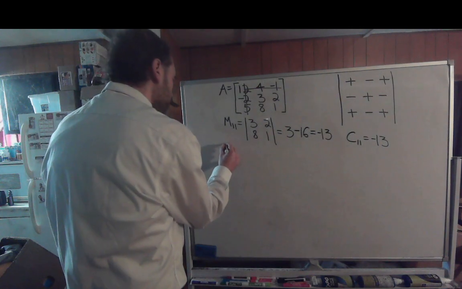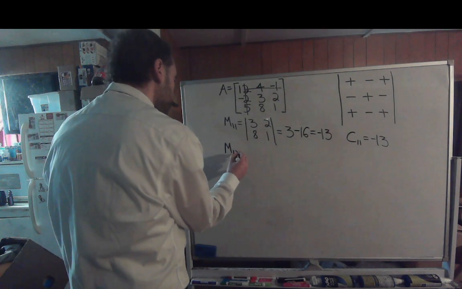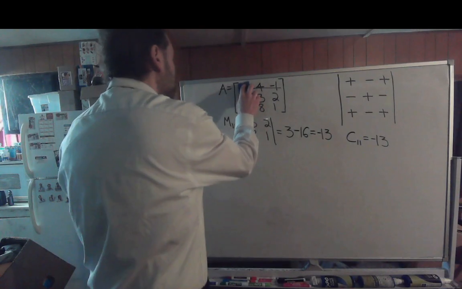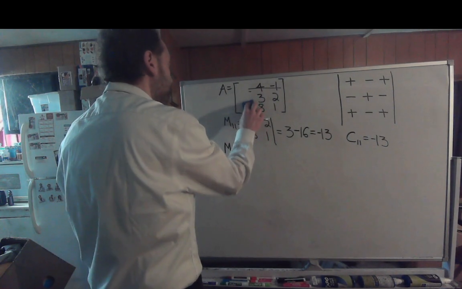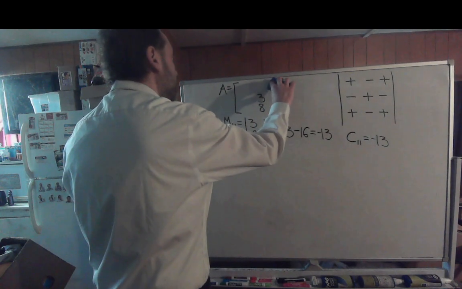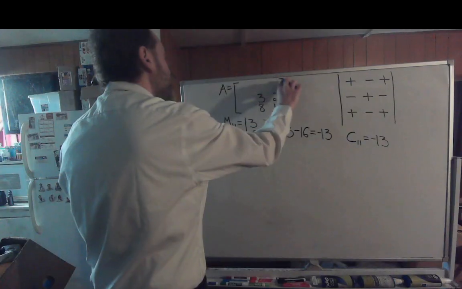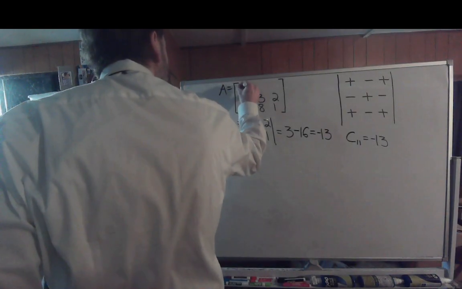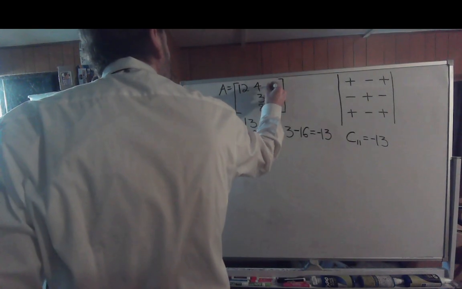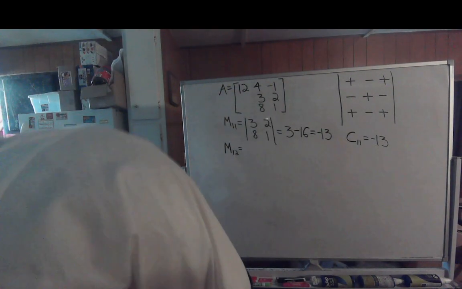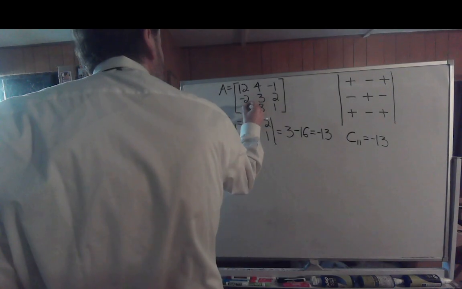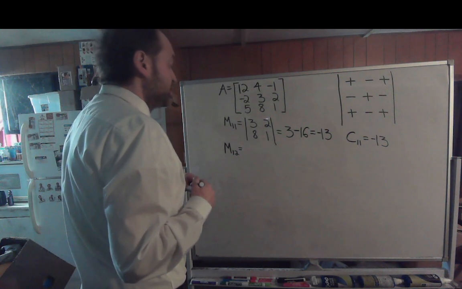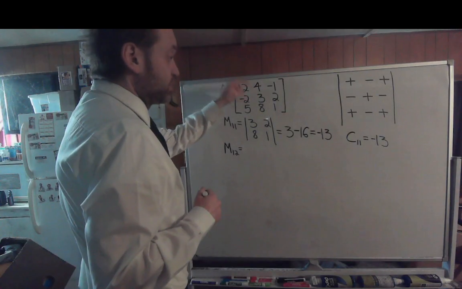Now let's find minor 1, 2. Let me rebuild this here. Alright, so minor 1, 2 means first row, second column.